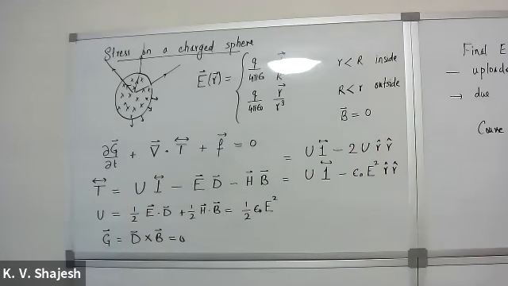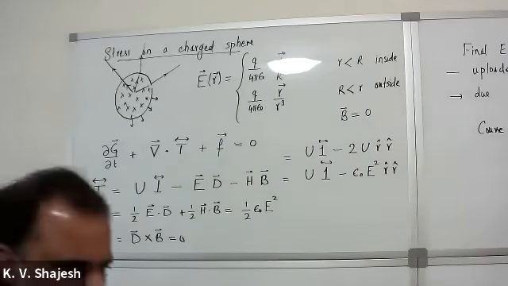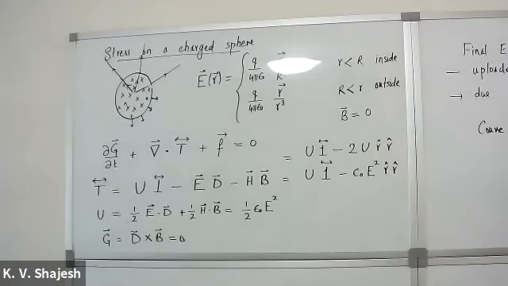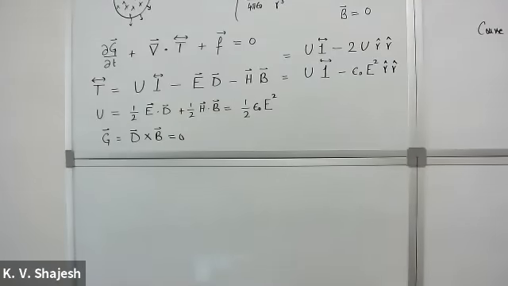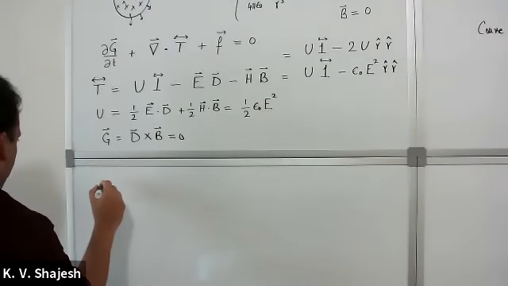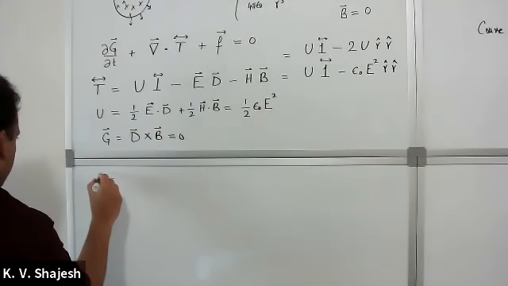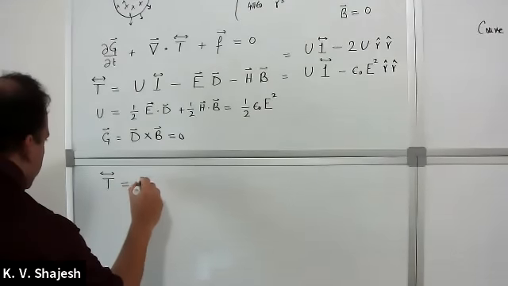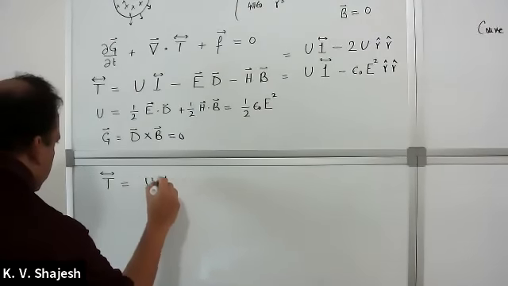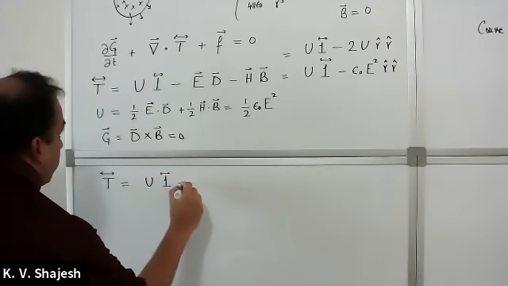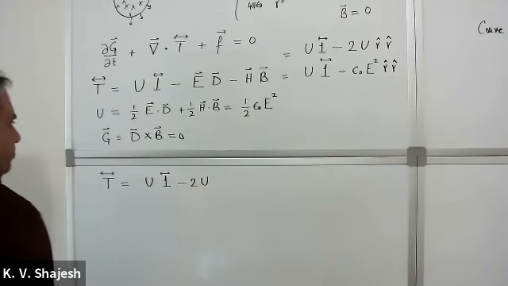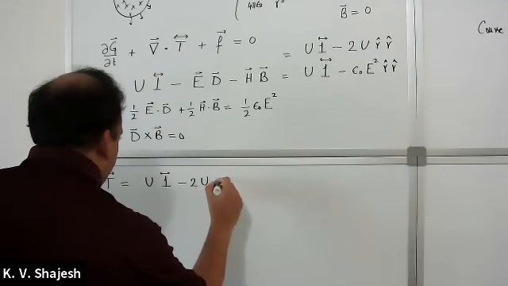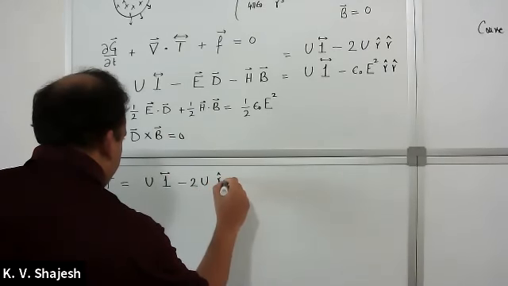That's just collecting some information if you want. So in our problem, T is equal to U times 1 minus 2 times U times R hat.